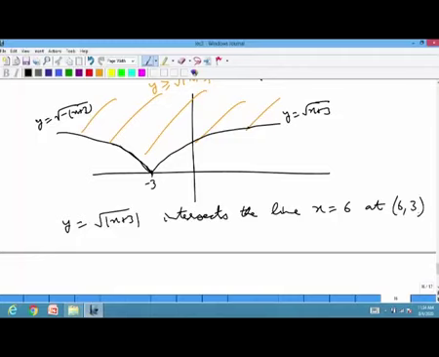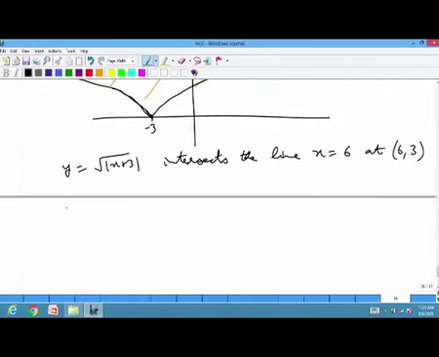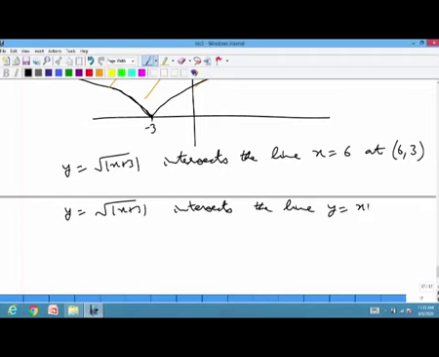So, at 6 comma 3, which note is also the intersection of these two straight lines, and the line y equal to (x plus 9) by 5 at the points minus 4 comma 1 and 1 comma 2.